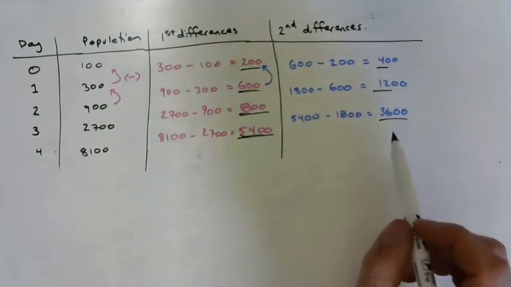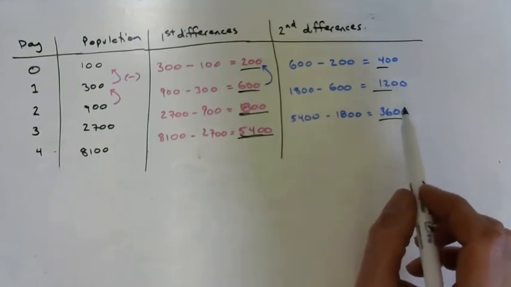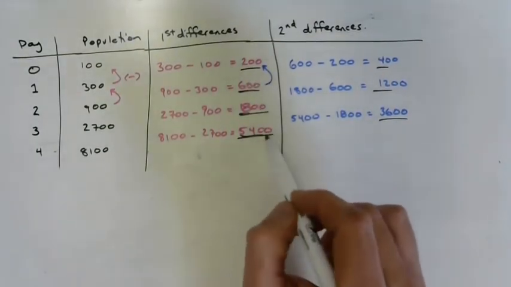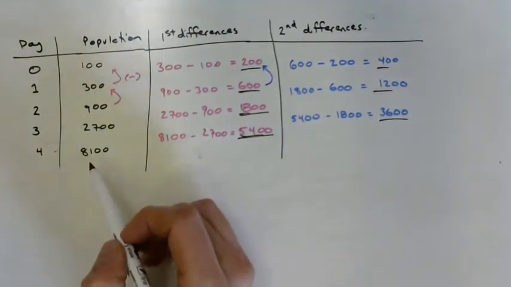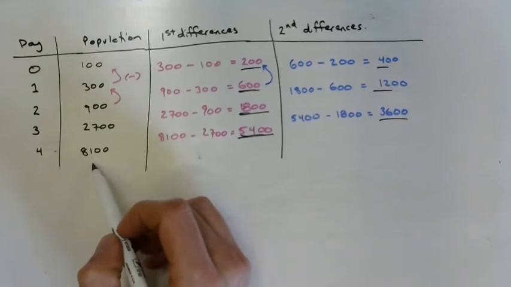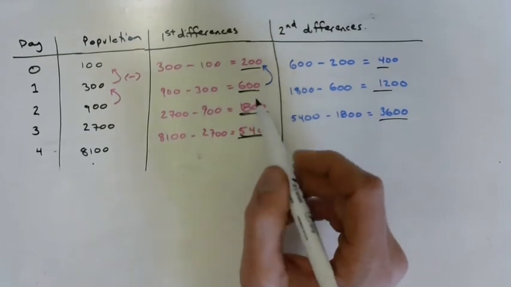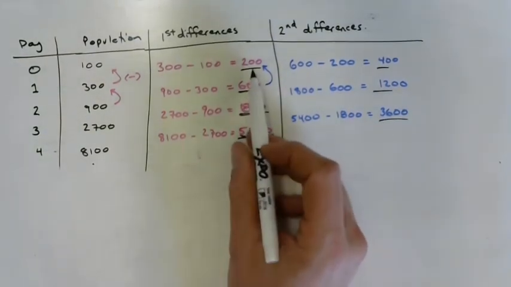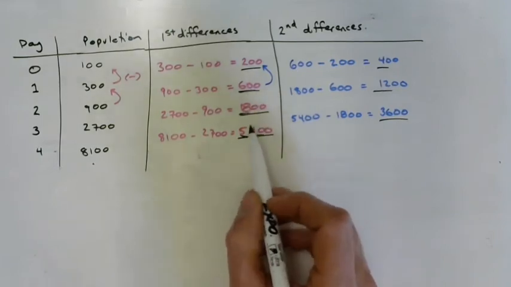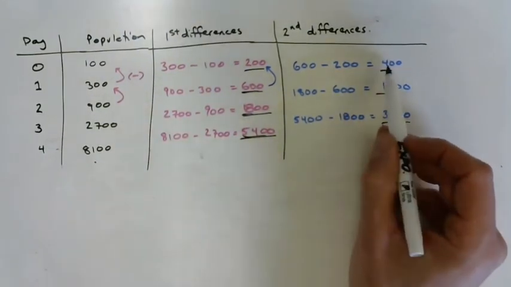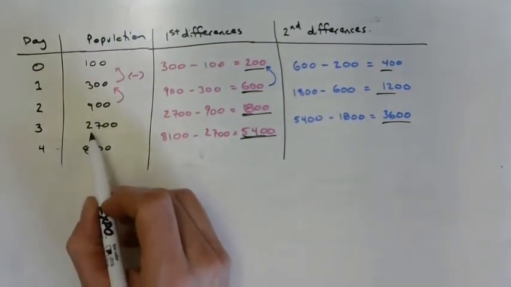The ratio between each difference, the ratio between each value, the ratio between successive first differences and successive second differences, and actually population, are all the same. 600 over 200 is the exact same as 1800 over 600, is the same as 54 over 18, 12 over 4, 36 over 12, 27 over 9, and 81 over 27.